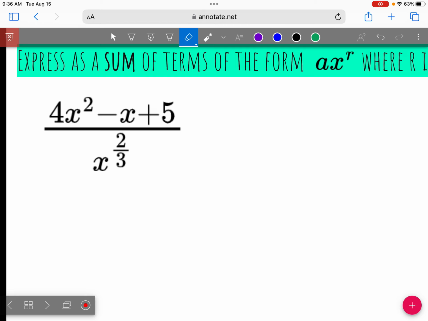It says express as a sum of terms of the form ax to the r, where r is rational. We're going to get rid of the denominator and write this as a polynomial with fraction roots. We've done these before. It's just saying it weird. Okay? So I'm going to start out writing it like we're simplifying.